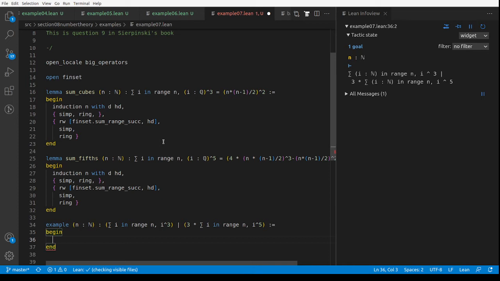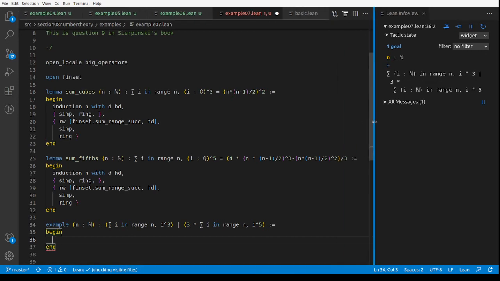So the point is that we know the answer now, because all we have to do, the answer is multiply that by 3, and then it's 4 times n minus 1 over 2. So why don't we, do you know what, this might be easy.